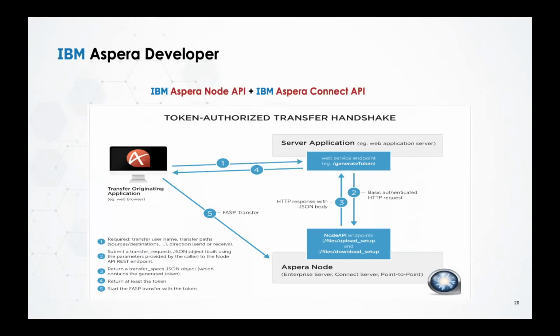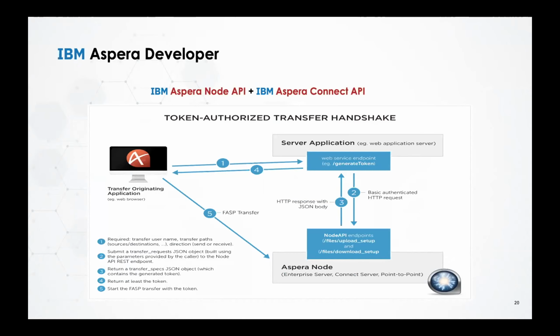So, rich integration usually follow this kind of handshake. In the browser-based case, there is a call from the browser, the user, to the web application loading the page, and then with a need to do a transfer.